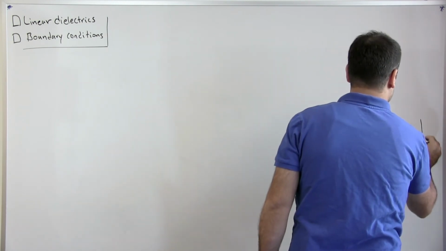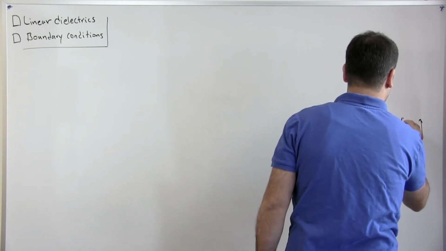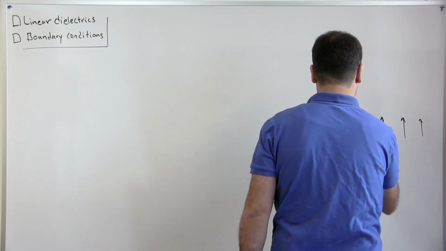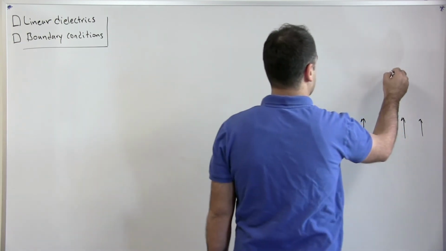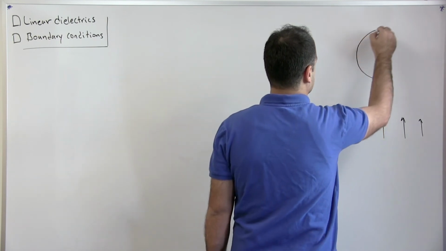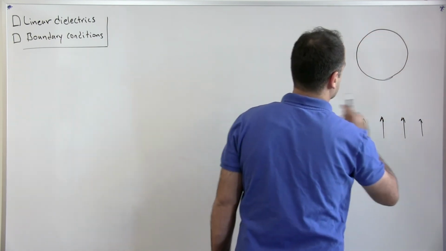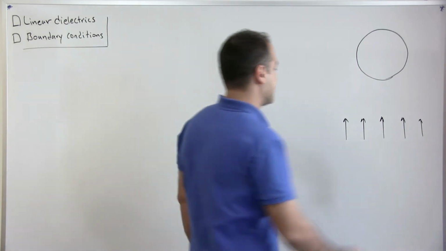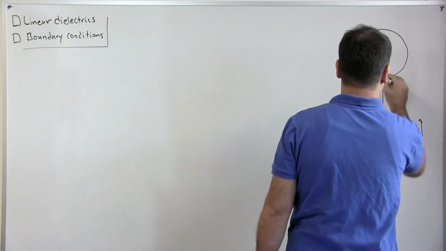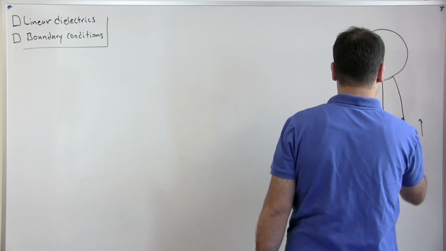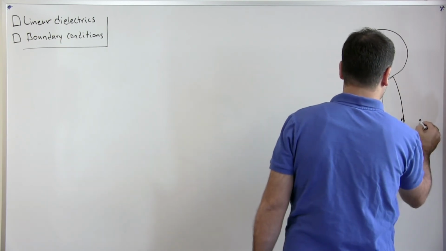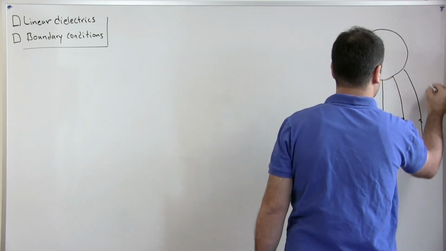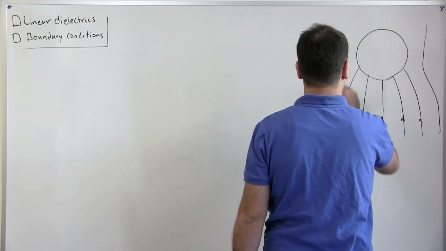So imagine you have a uniform electric field in a space, and then you put a dielectric sphere inside this electric field, okay? And what happens is that you get electric field lines curved a little bit, and of course other lines curved like this.